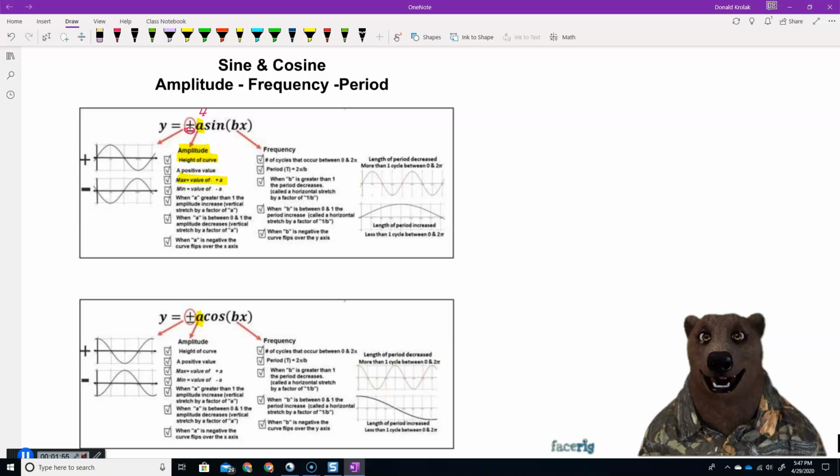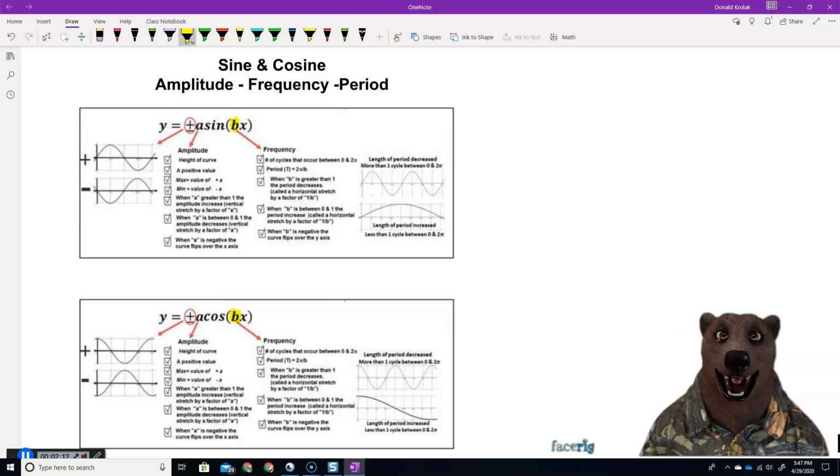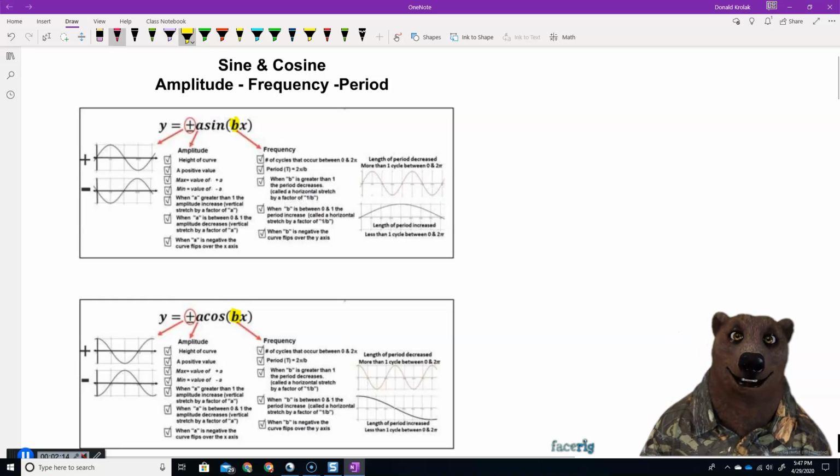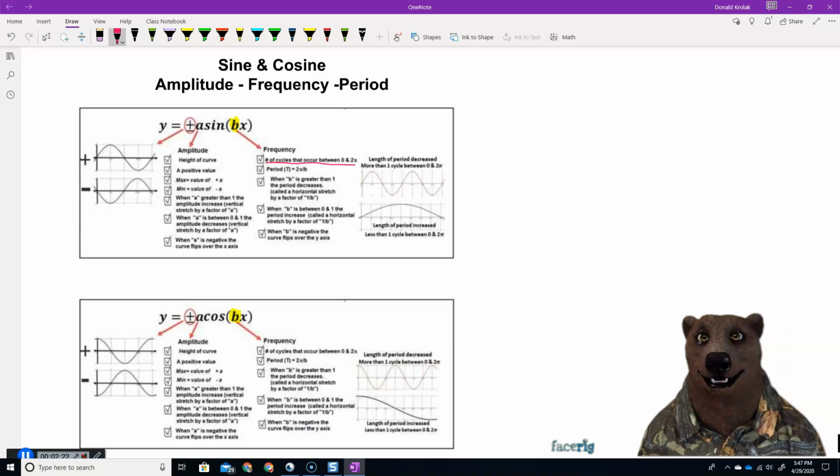Now, what we're going to talk about today is the B value. That's the number that is in front of the x, and it could be positive, it could be negative, it could be a fraction. What this tells you is the number of cycles that occur between 0 and 2 pi.